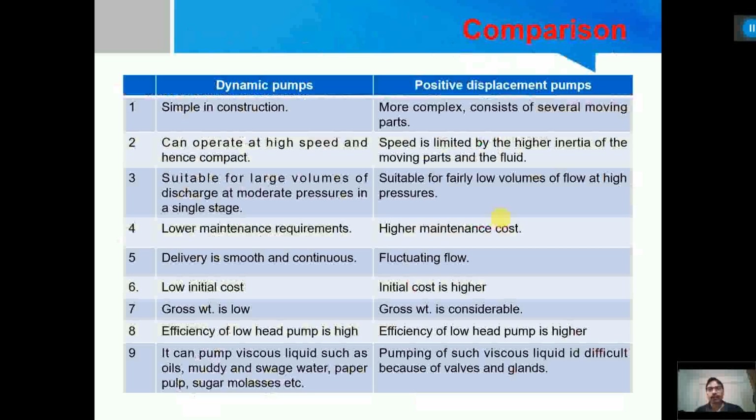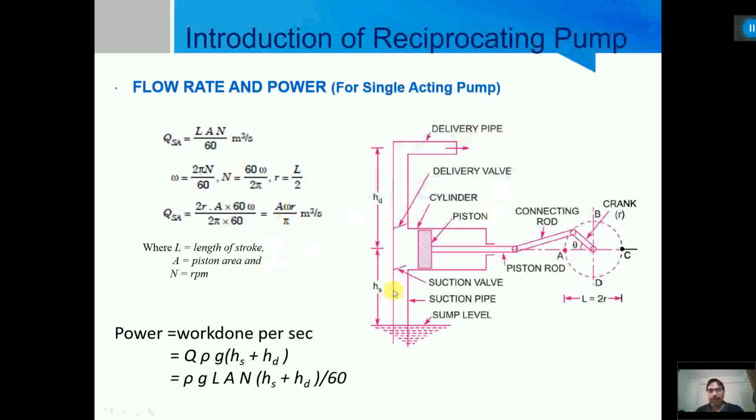Now see in this diagram, when we have the longer suction pipe, because of the inertia, fluid is moving in the upward direction. At the end of the suction stroke, the suction valve should be closed and the delivery valve should get opened.